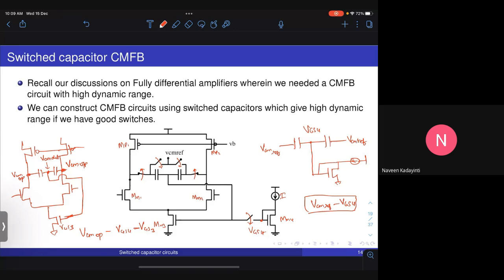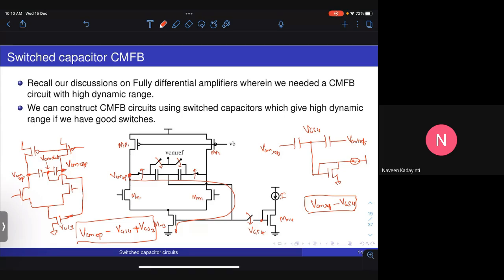So when I'm going from here to here, this will be the equation for the voltage across the capacitor. Now, if you size these transistors so that nominally VGS4 is equal to VGS3, this will get cancelled and you will get an output VCM which is equal to the VCM ref.